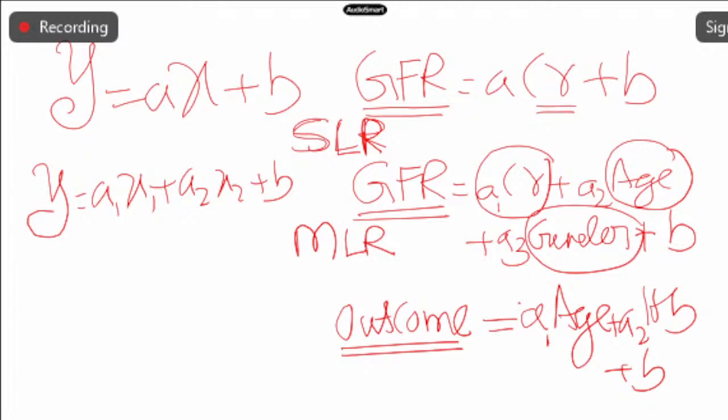Outcome is the dependent variable and it is a categorical variable. And when the dependent variable is categorical, we do what is called logistic regression. This is, in a simple way, when we use simple linear, multiple linear and logistic regression.